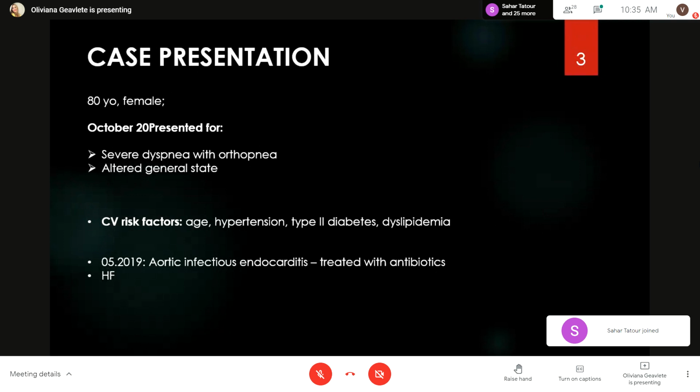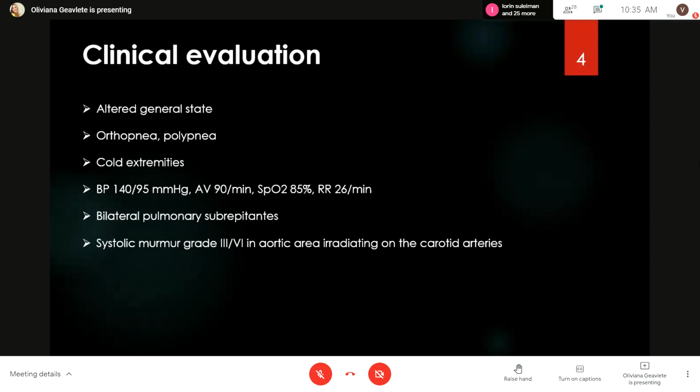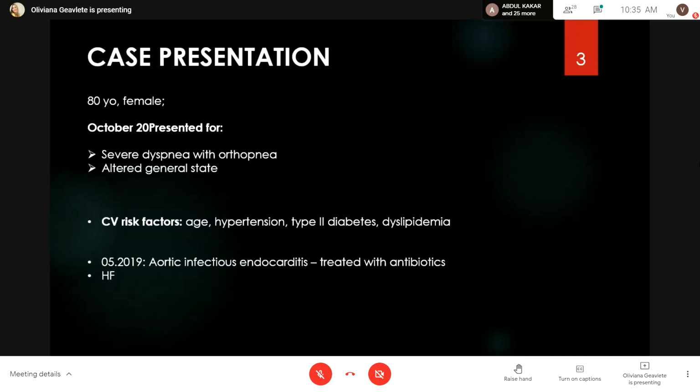So risk factors: age, hypertension, type 2 diabetes, dyslipidemia, endocarditis in May 2019, treated with antibiotics, and diagnosed with heart failure some time ago.